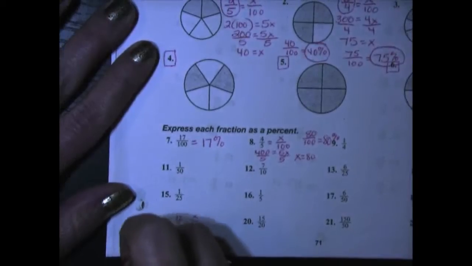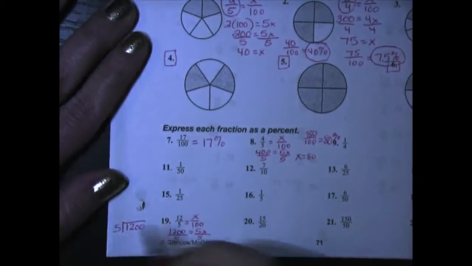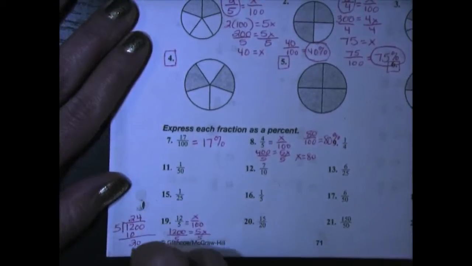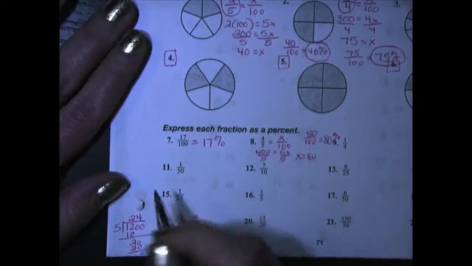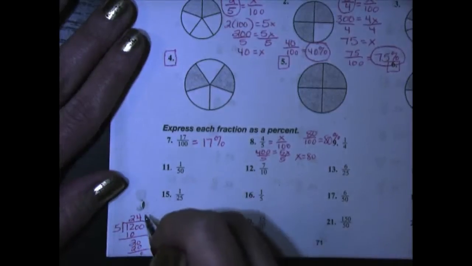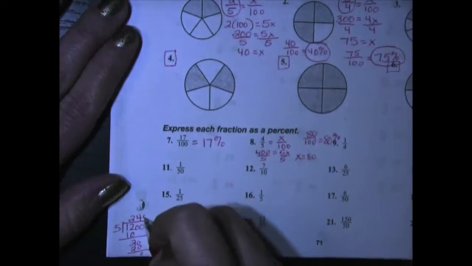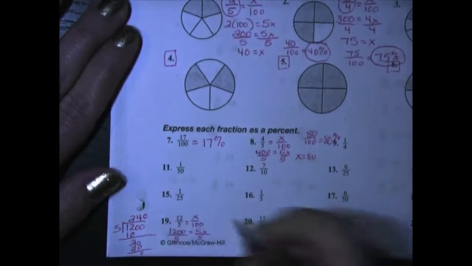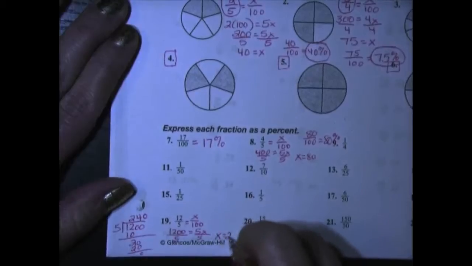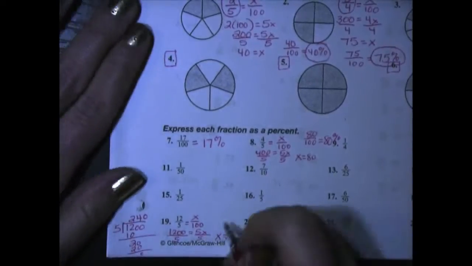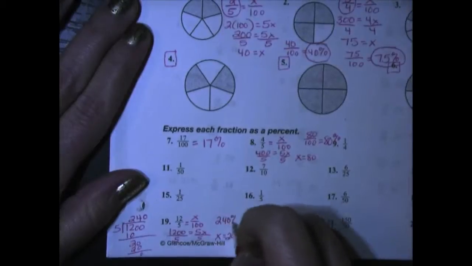We'll take our 1200 over here and our 5 here. 5 goes into 12 2 times. 5 goes into 20 4 times. Pull down that 0. 5 goes into 0 0 times. So we get x equals 240. So 240 over 100, so we get 240%.